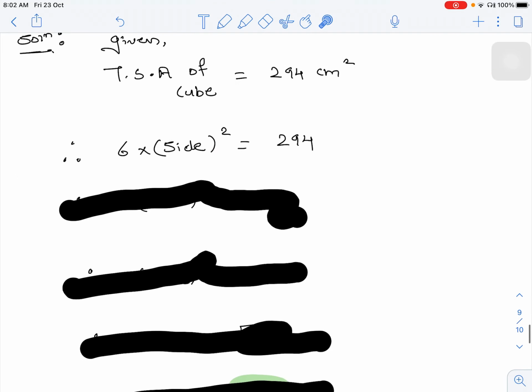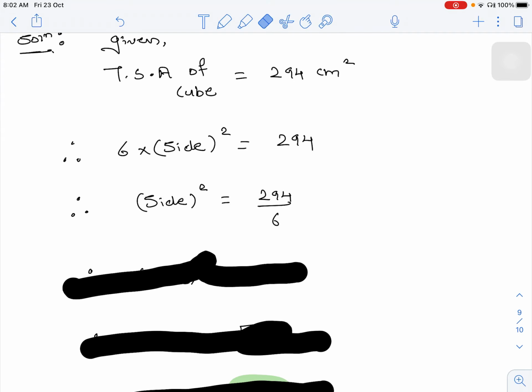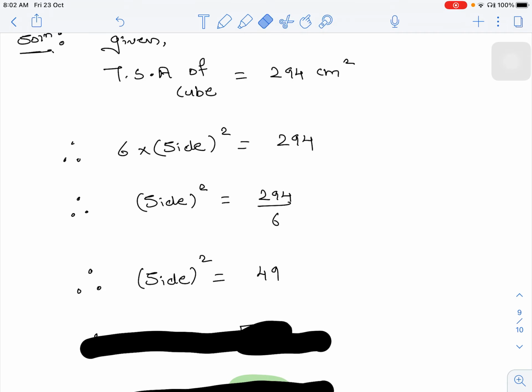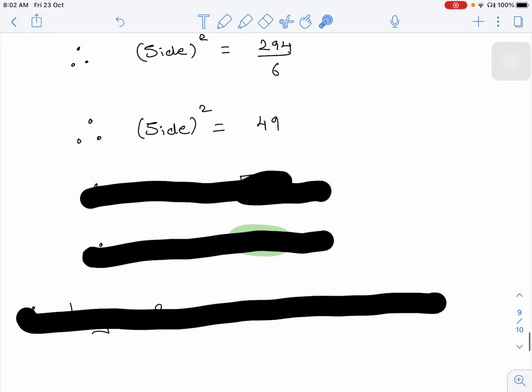Now our regular procedure is that we want to keep the side term on one side, and the remaining numbers on the other side. So 6 is multiplying here, so we will change its side. If it goes to the RHS, it will divide. So in the next step you get side square equals 294 upon 6. When we divide 294 by 6, we get side square equals 49. Now we don't want this square, we want only the side.